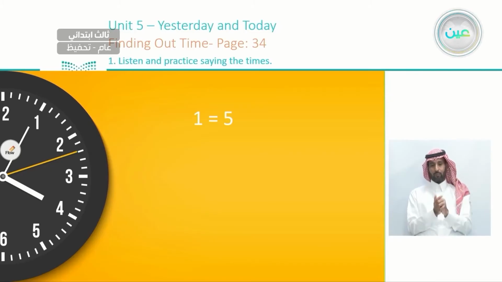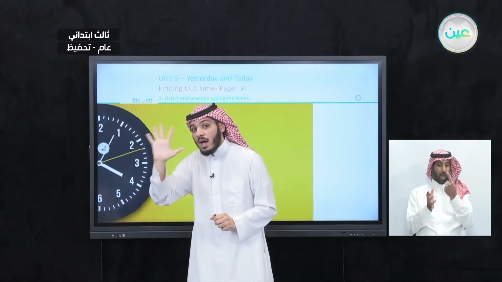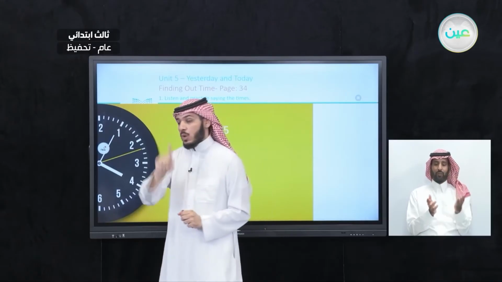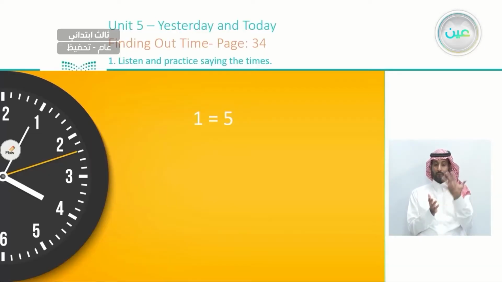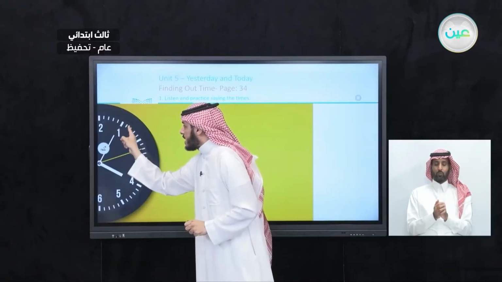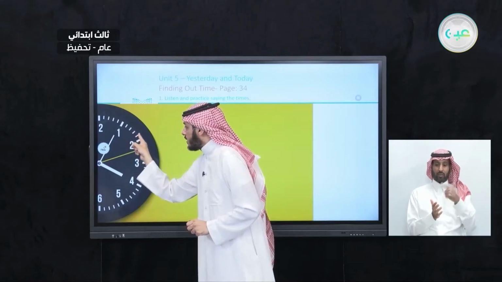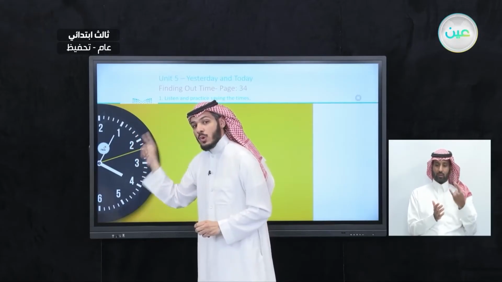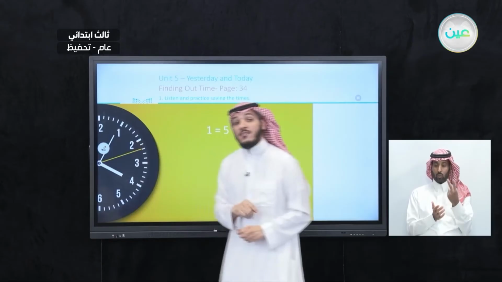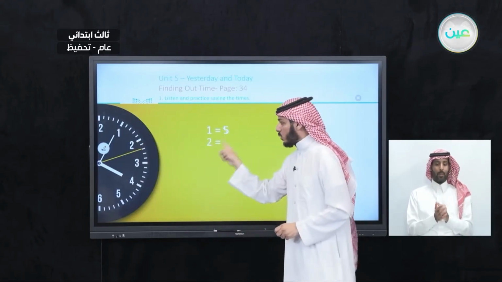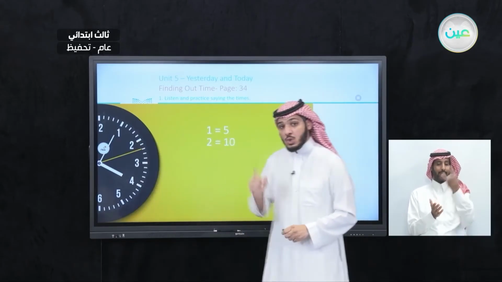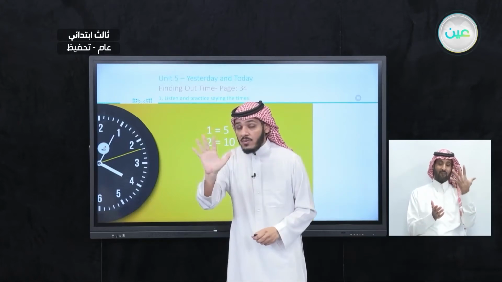When we come to number 1, we have 5 minutes. Let's count more: 6, 7, 8, 9, 10. When we reach number 2, we have 10 minutes. So each number contains 5 minutes.